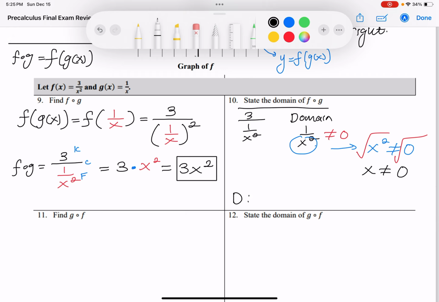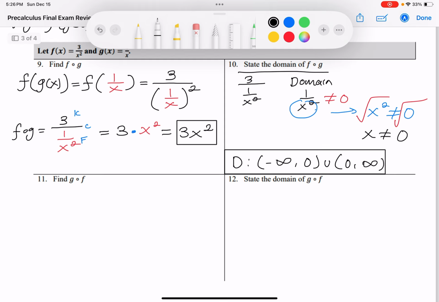So our domain can be any real number except 0. In interval notation, it is parentheses, negative infinity to 0, union 0 to infinity, and everything gets parentheses because the values are excluded.